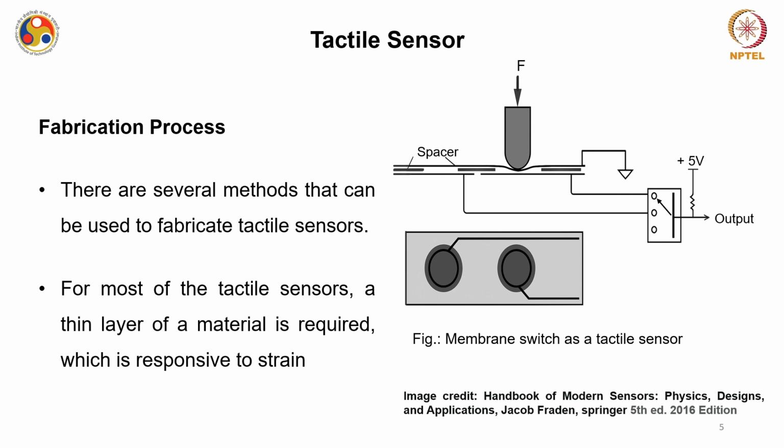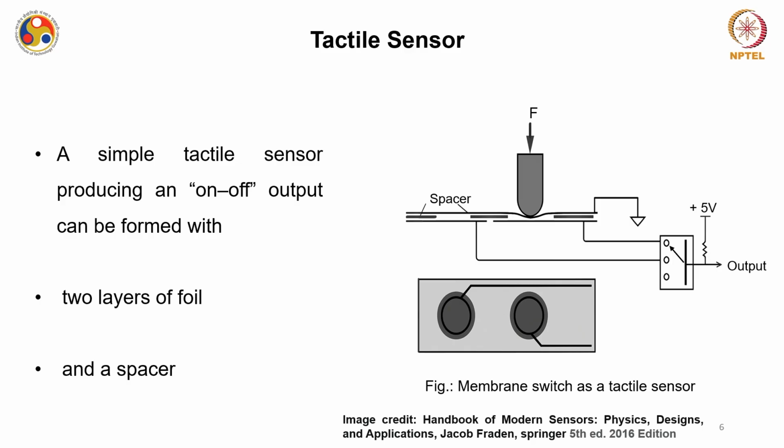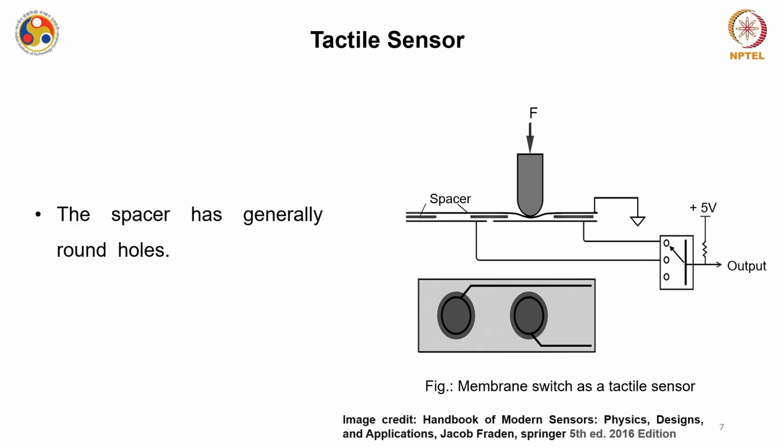Mostly these materials are either piezoresistive materials or a very thin layer of resistive material itself, but having some flexibility. A simple tactile sensor producing an on-off output can be formed with two layers of foil, or two layers of thin film, and a spacer. The spacer generally has rounded shapes, something like this. So, this is a typical tactile sensor.